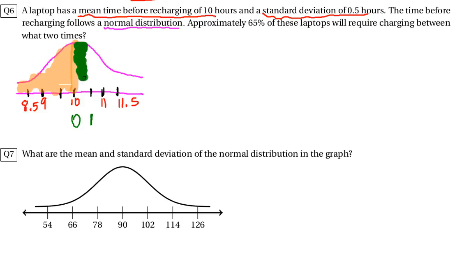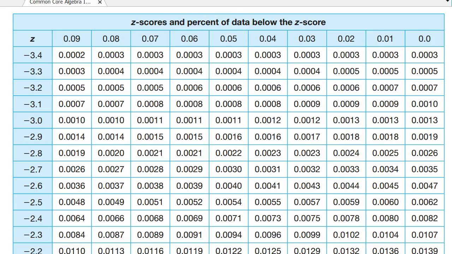Well, from the empirical rule, we know that this green section right here is 34%. Well, 34% plus 50% is way too high for what I need. So I know that I'm going to need a positive z-score, but I don't know exactly what z-score gives me the 65%. So I'm going to come over here to my z-score table.